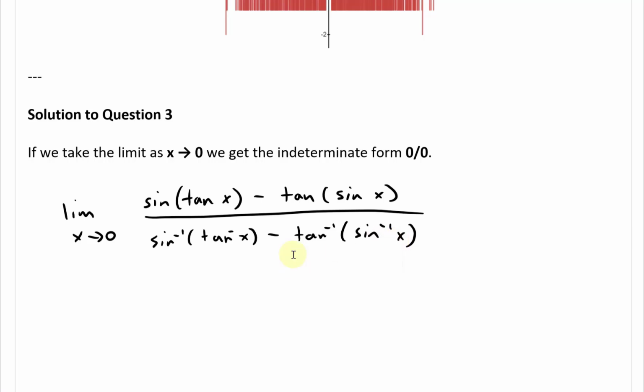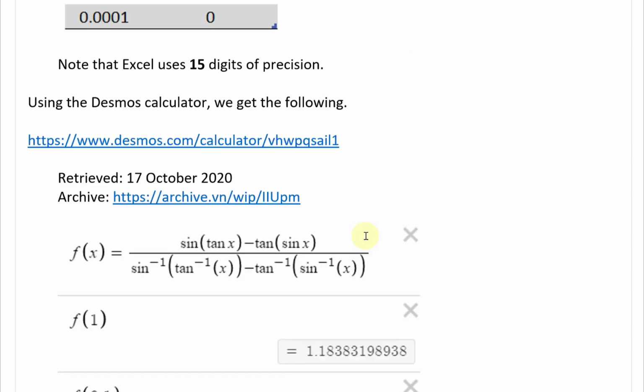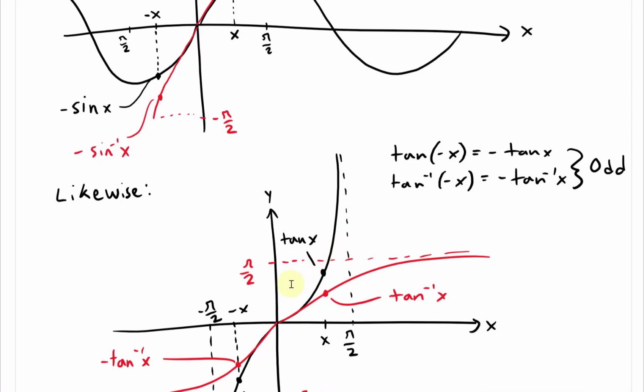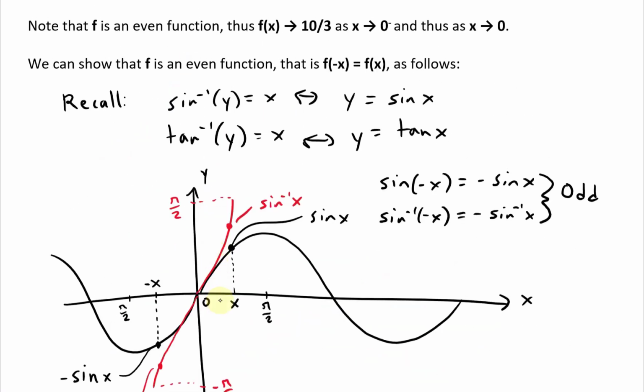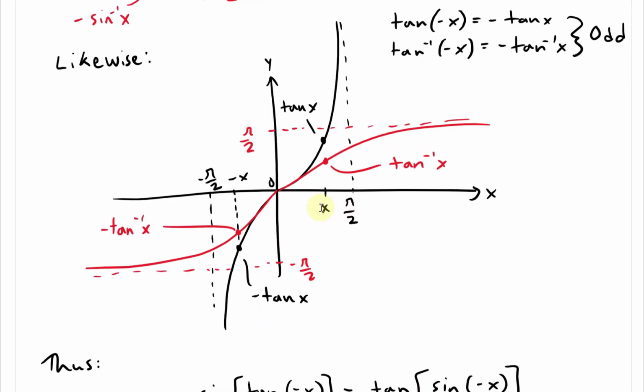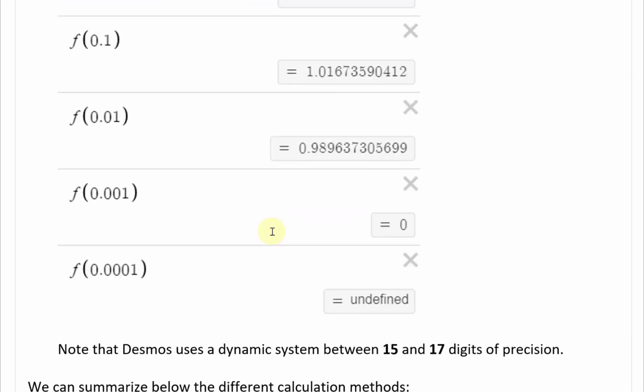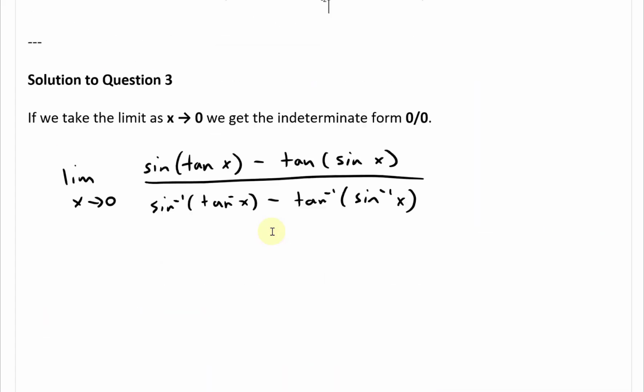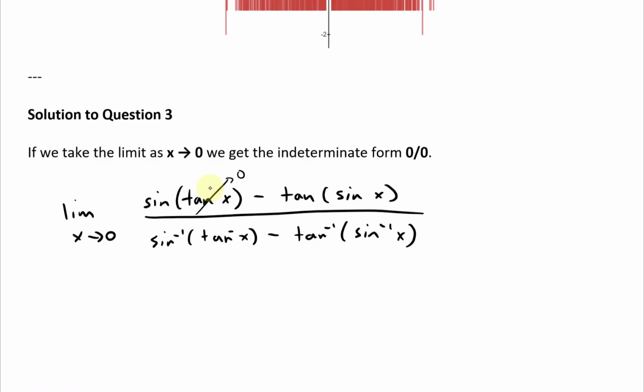And remember that every single one of these is approaching 0. If you look at the graph from earlier, they're all approaching 0 from either side, for sine, inverse sine, tan or inverse tan, as x approaches 0. So tan of 0 goes to 0, and then the sine of that 0 goes to 0.